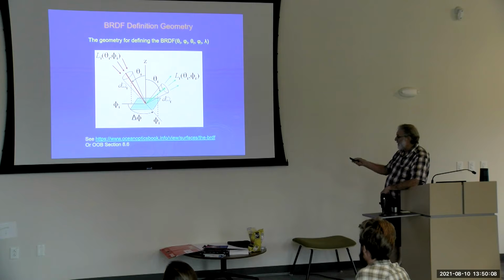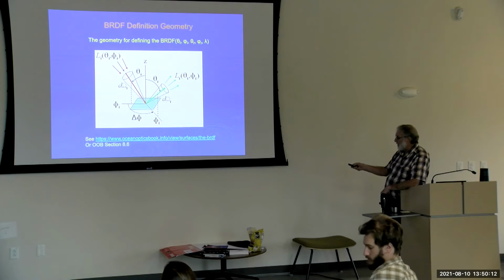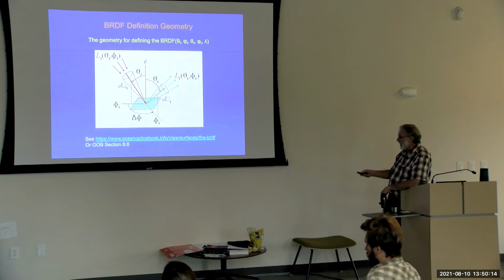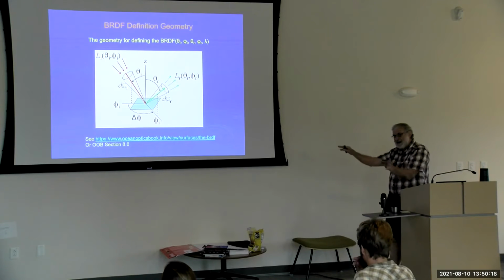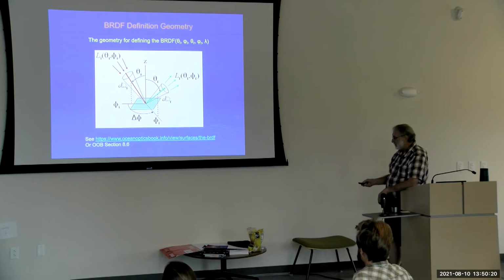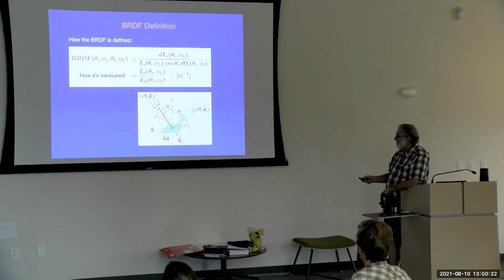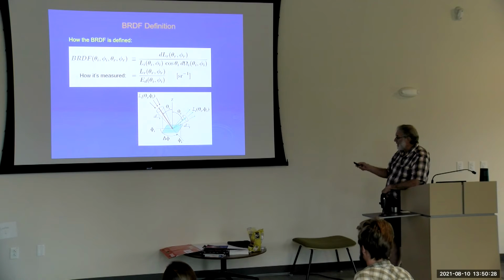So I'll call that theta R and phi R, and there's some angle phi in between the incident and the final direction. So, and in general, a surface will reflect light into all directions. The way this thing is defined is it says, look, I've got some radiance coming in my incident direction.